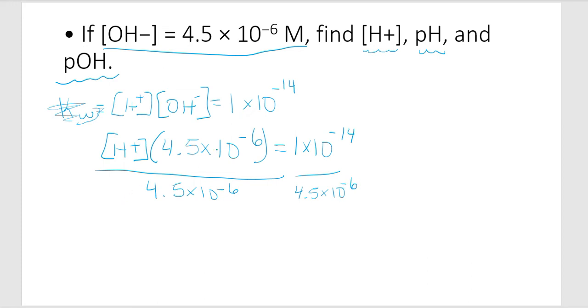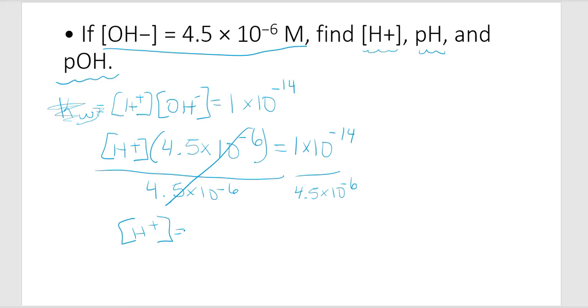And in your calculators, you're going to go ahead and take this number and divide it by this number. Right, so I'm going to do it on my calculator that I have here on my desk. So we have 1 times 10 to the negative 14 divided by 4.5 times 10 to the negative 6.